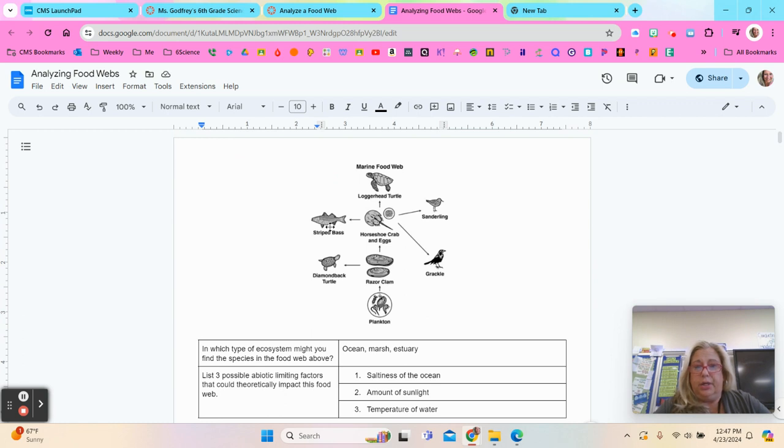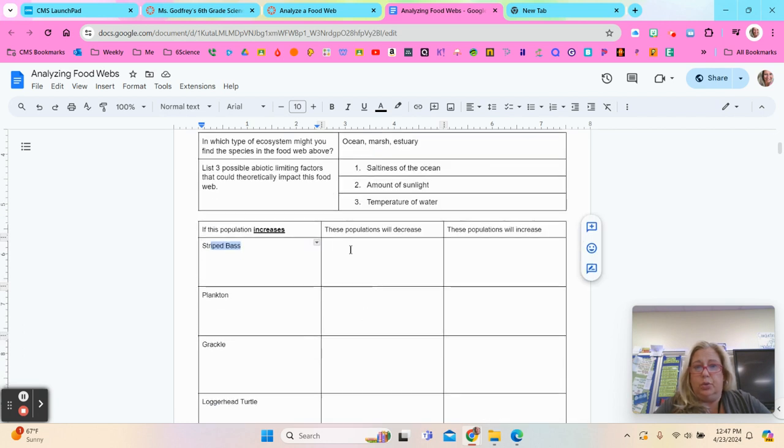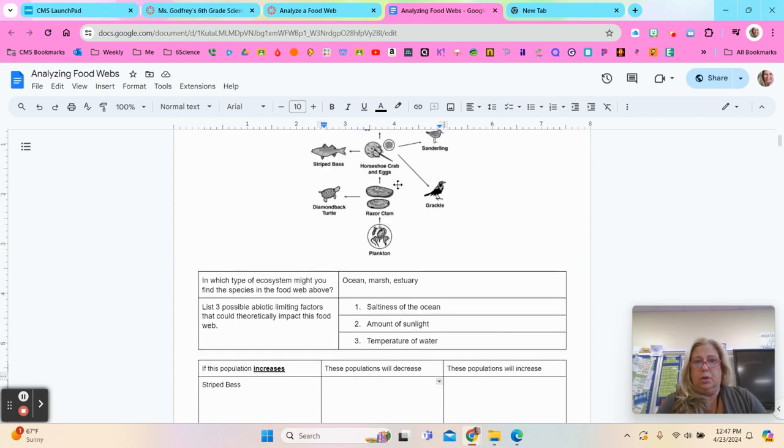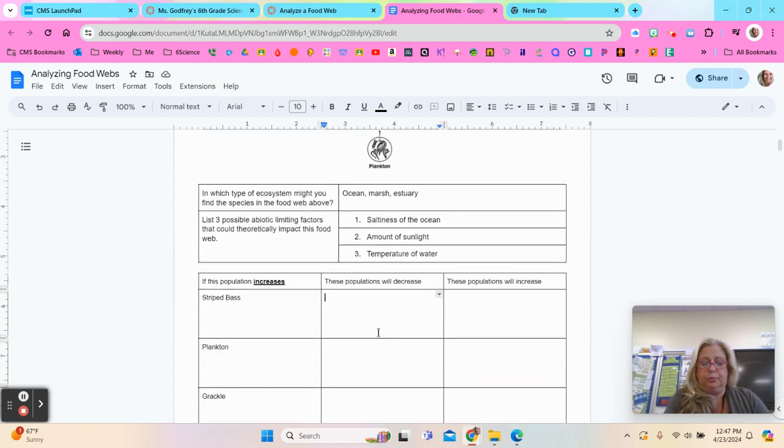So I'm thinking if this increases, then there's going to be fewer horseshoe crabs, right? Because the eater of the horseshoe crab is the striped bass.